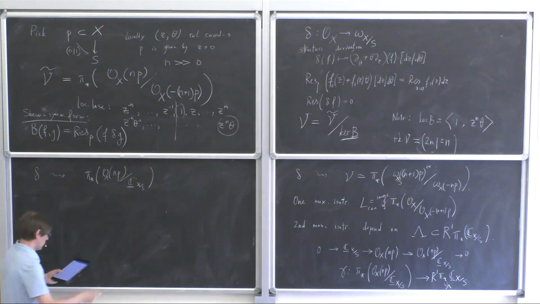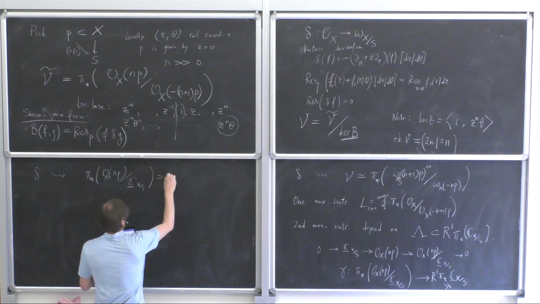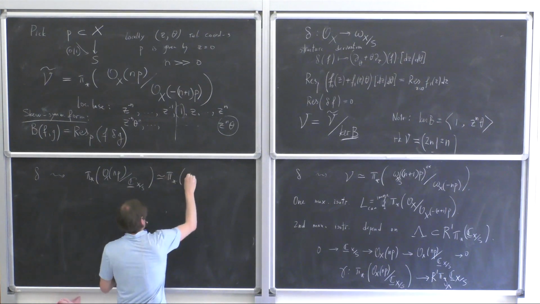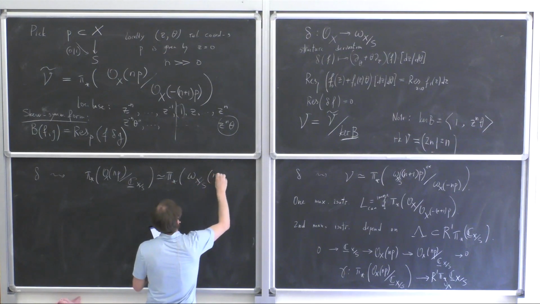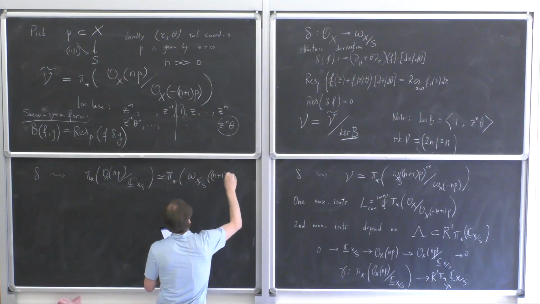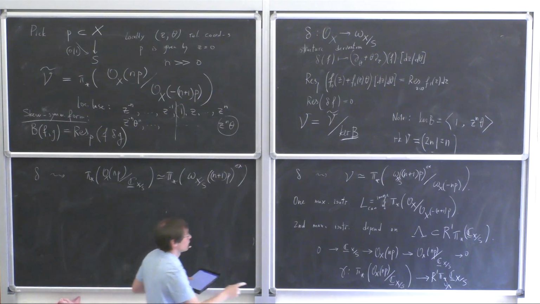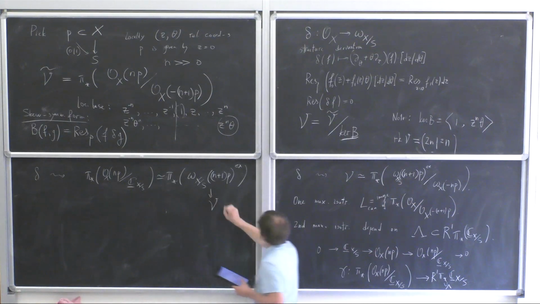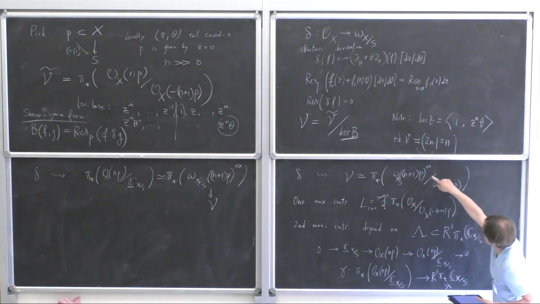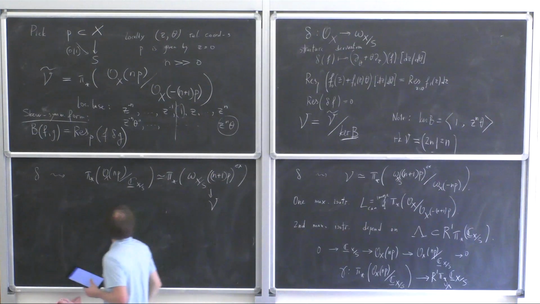So this is just going to be pi star of locally exact forms with pole of order at most m+1. And of course, from here we have an obvious map to V, right? So V is determined in terms of this quotient, so therefore it induces a map on pi star.